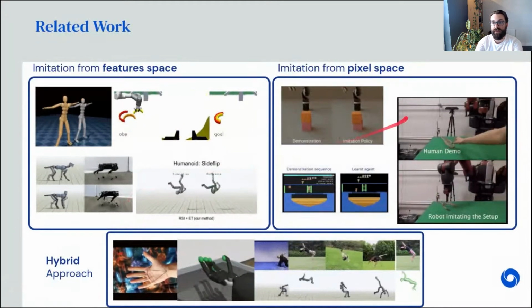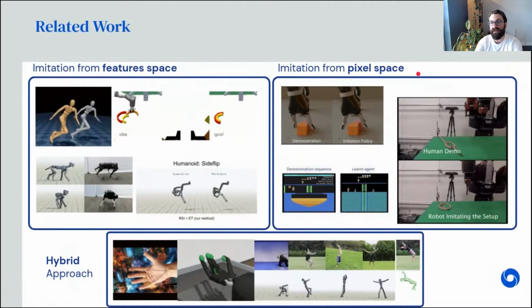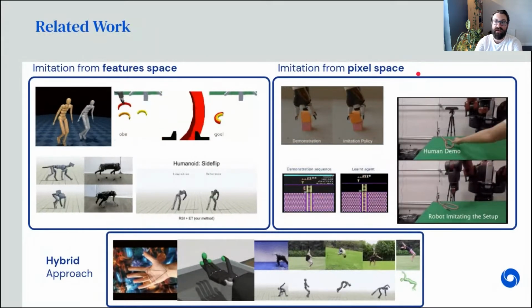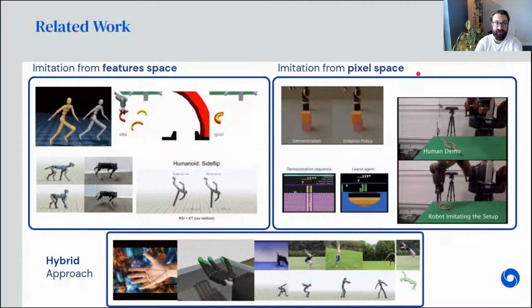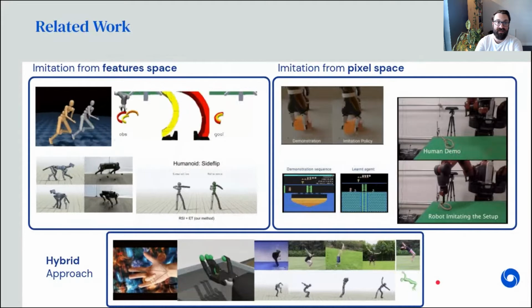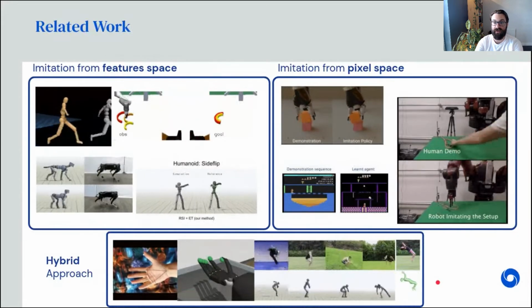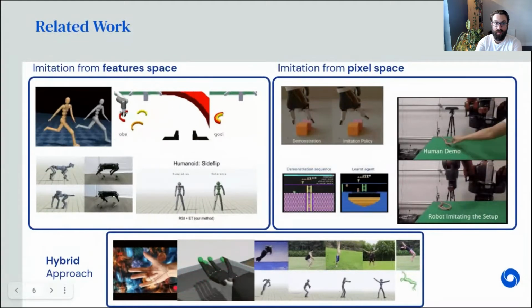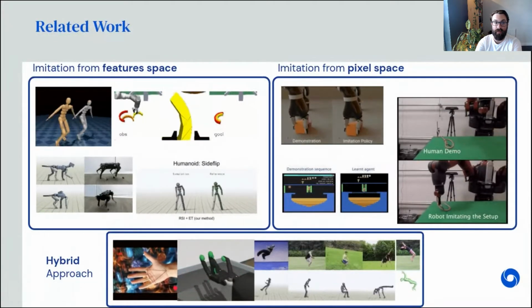And when we talk about imitation from pixels, there's usually no domain gap, or the domain gap is particularly limited. For the few approaches that do manage to do imitation learning in pixel space from a larger domain gap, as you can see, for example, here, these are model-based approaches.